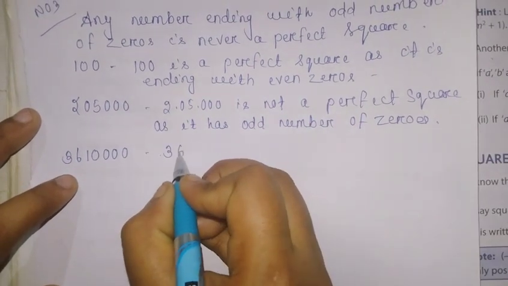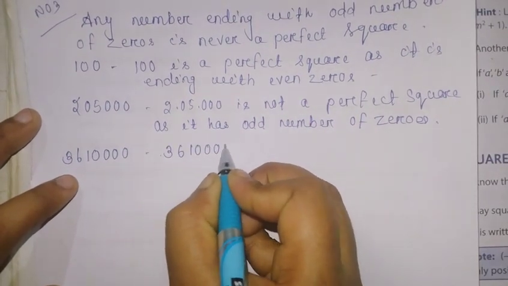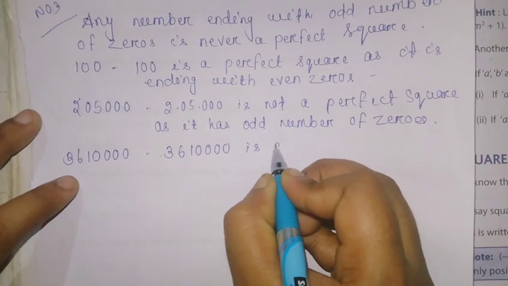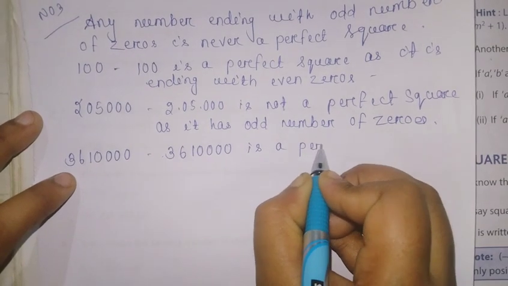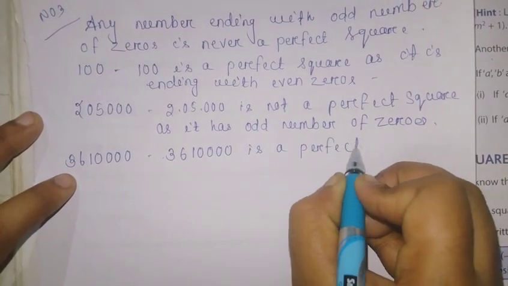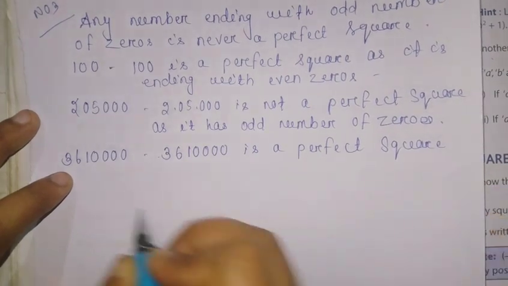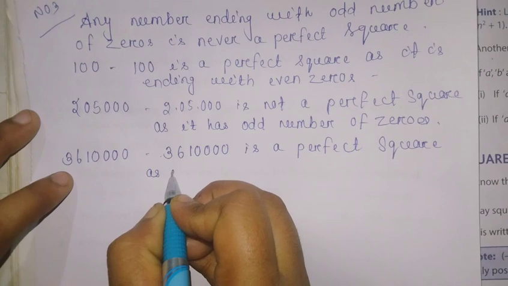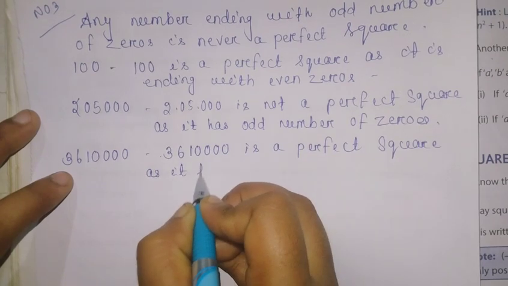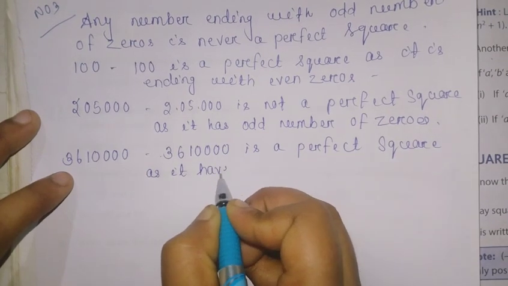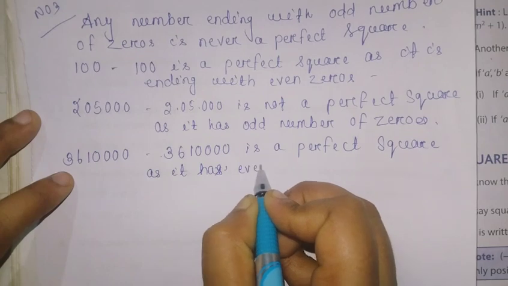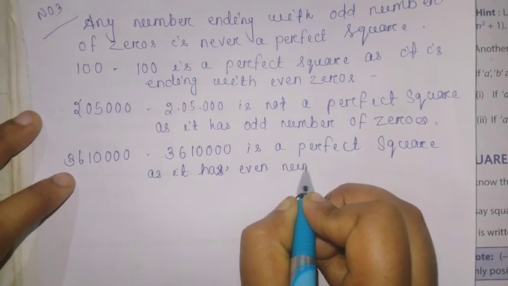So 36,10,000 is a perfect square, as it has an even number of zeros.